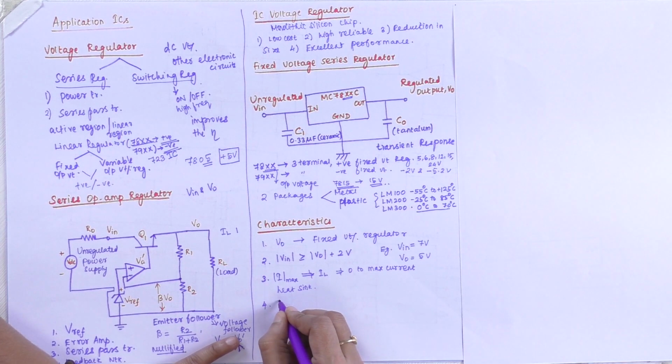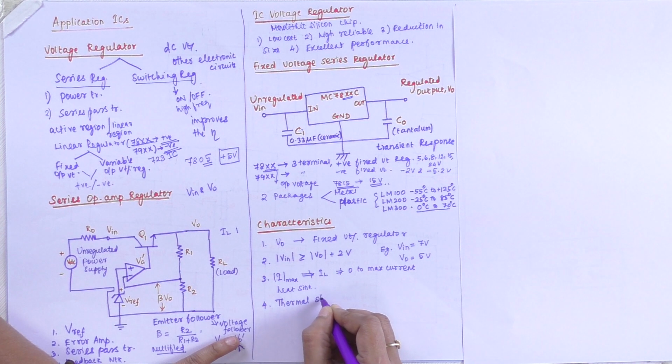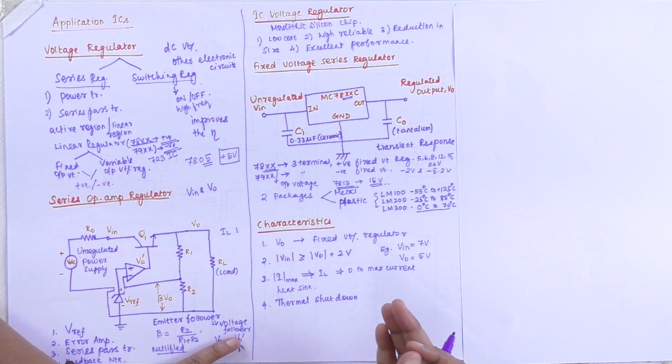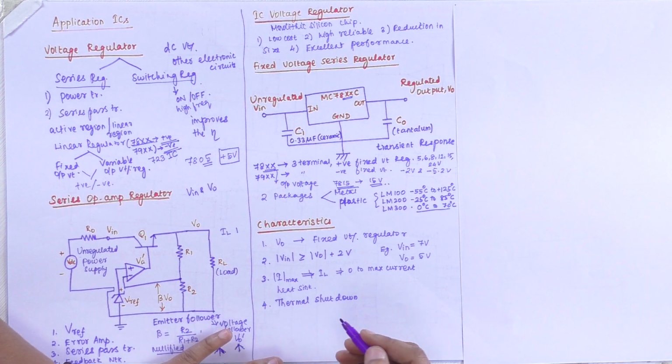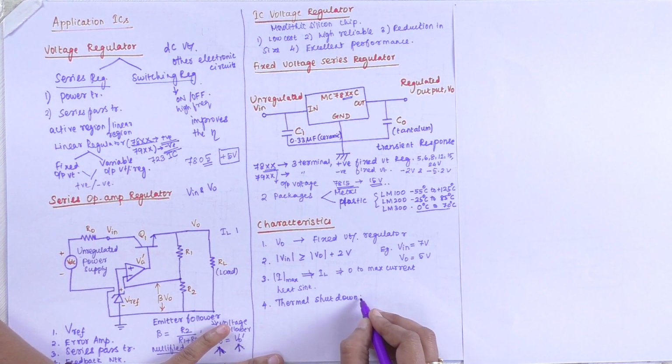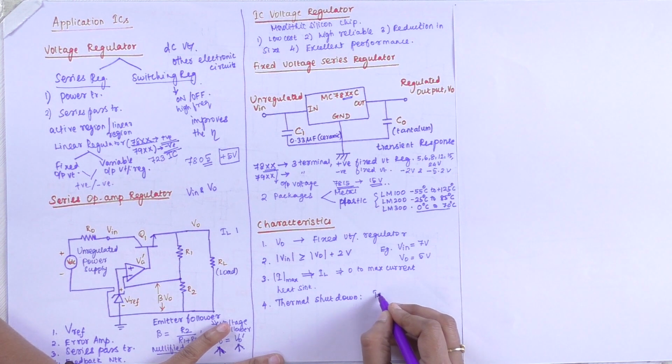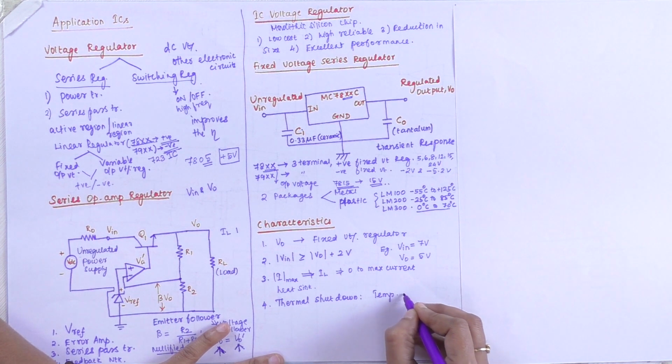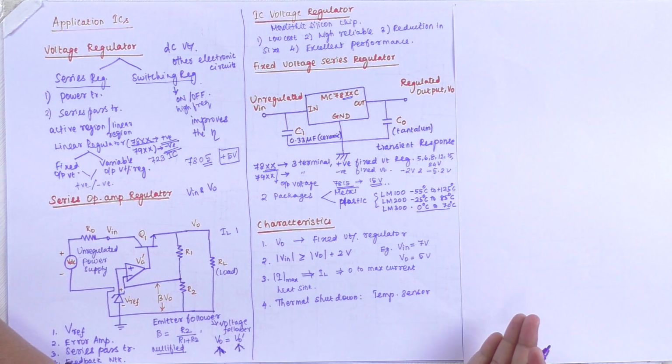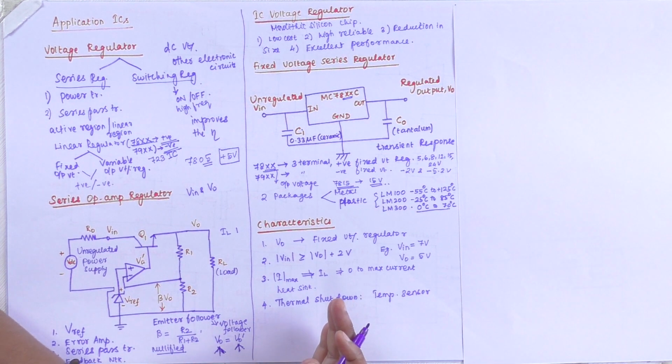For that, we use thermal shutdown. Thermal means heat. When we get excess heat beyond the limit, the IC should automatically switch off. For this thermal shutdown, we have an inbuilt temperature sensor, so that we can keep our ICs cool.